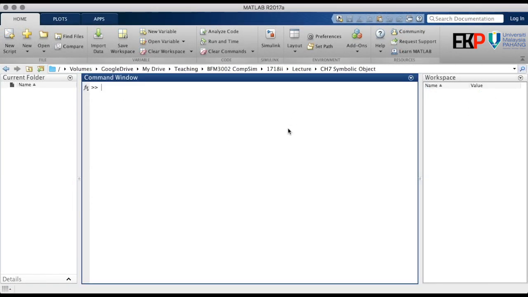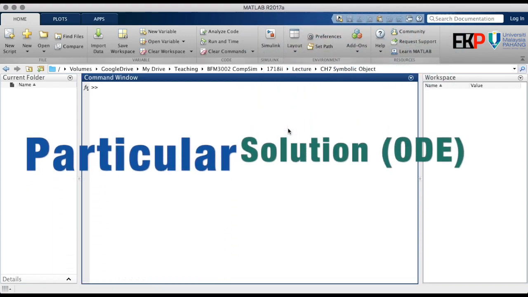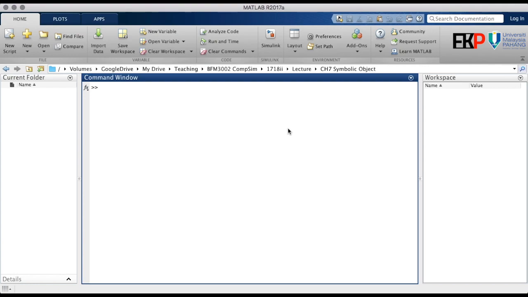Now let's take a look at how we can obtain a particular solution of an ordinary differential equation in MATLAB. To get a particular solution, the boundary or initial condition must be specified when solving the equation.